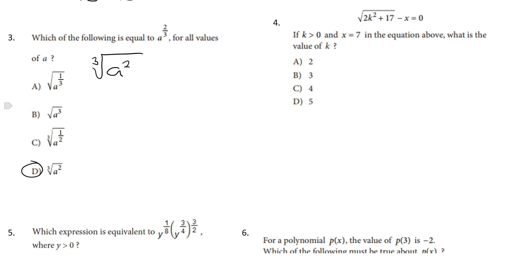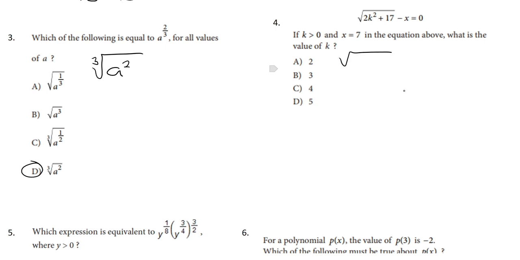For number 4, we have the square root of 2 times k squared plus 17 minus x equals 0. The question asks: if k is greater than 0 and x equals 7 in the equation above, what is the value of k? So first, we're going to plug in what x is equal to. x is 7.